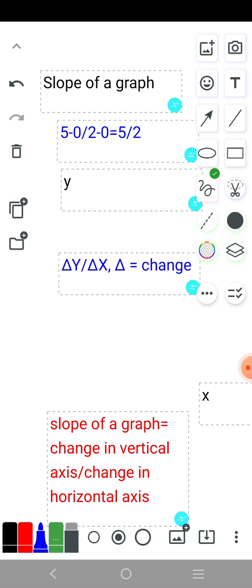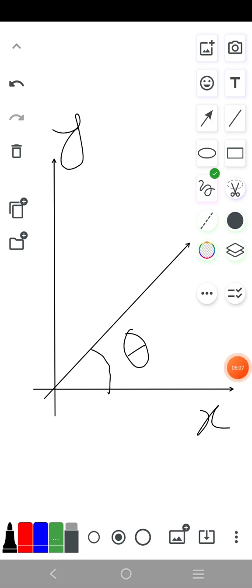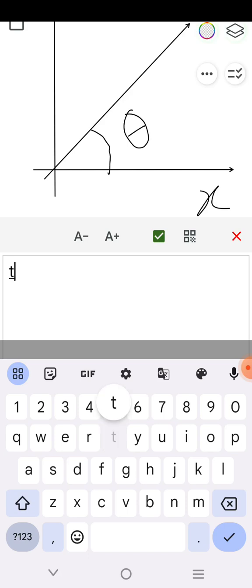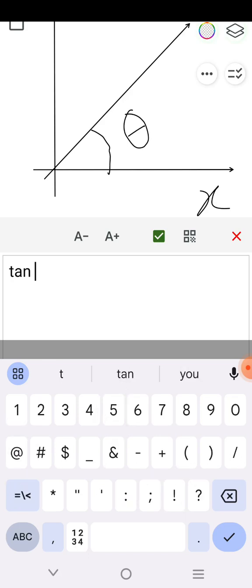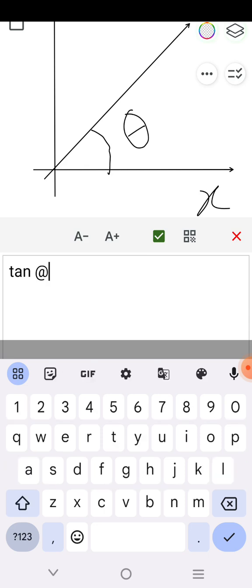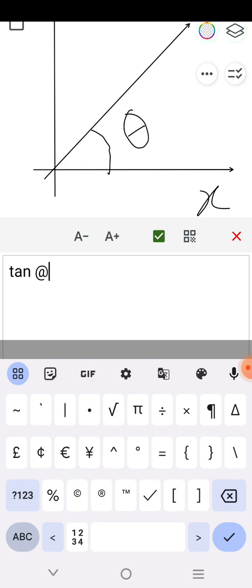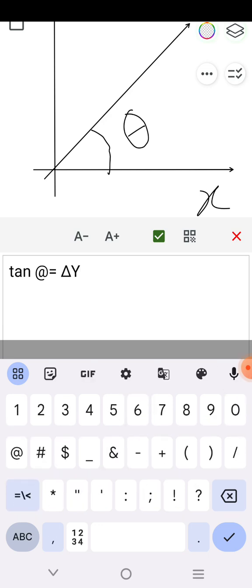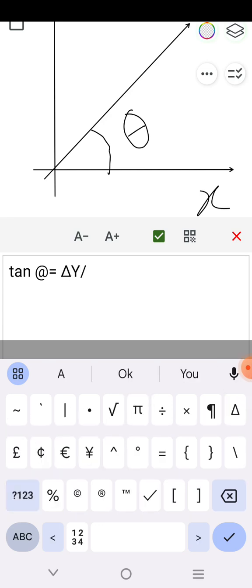Let's discuss that. If this is a graph and we have to obtain the slope here, another formula of slope, if I denote the angle by theta, is tan theta equals change in y by change in x.